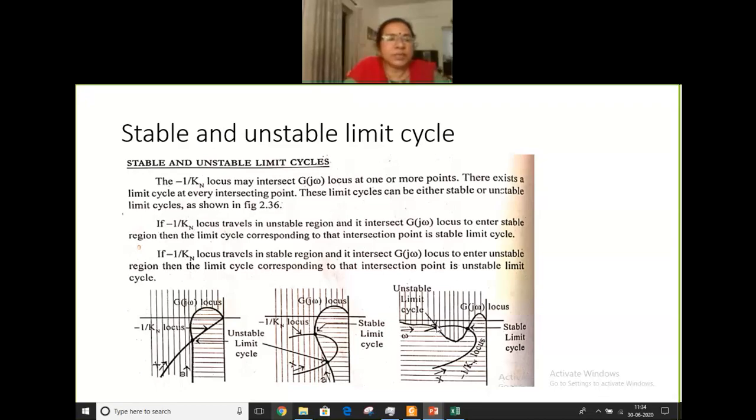If the minus 1 by kn locus travels in the stable region and it intersects the g omega locus to enter the unstable region, then the limit cycle corresponding to that intersection point is an unstable limit cycle. Okay. Stable region to unstable region, so unstable limit cycle.